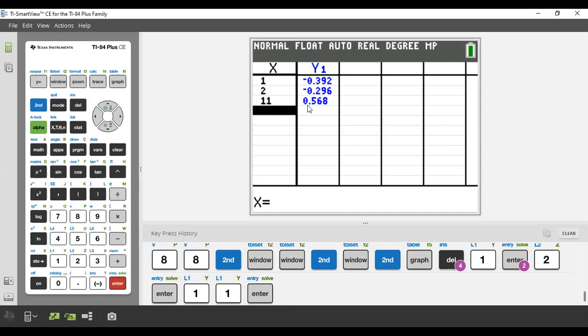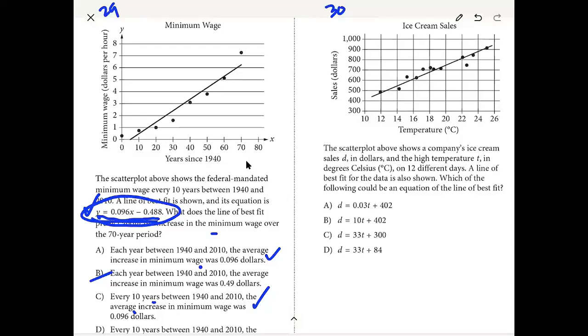It went up by about 96 cents. And if we go back to the answer choices, this one said each year it went up by about 9.5 cents, and it actually did go up by about 9.5 cents. This one says every 10 years it goes up by 9 cents. That's not true. It went up by 96 cents, so it's not this one. So our answer choice would be A.